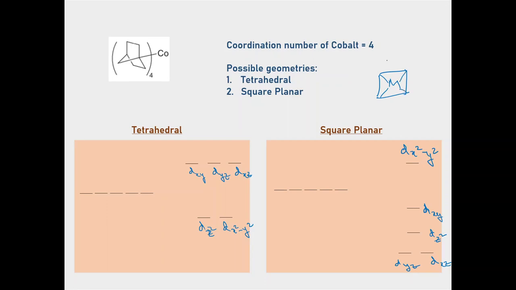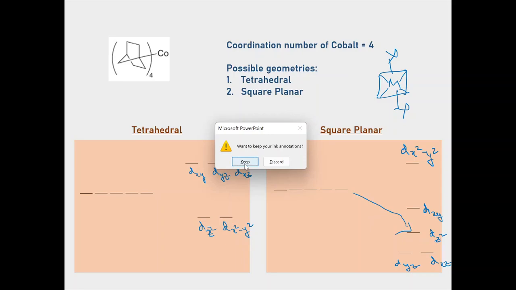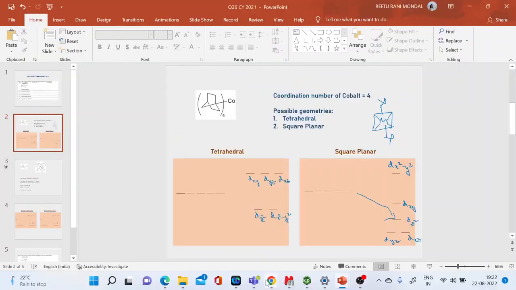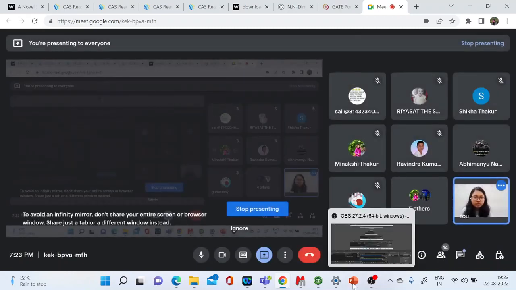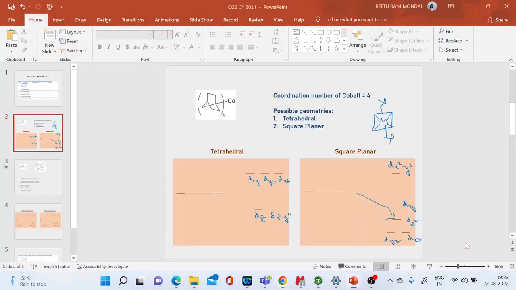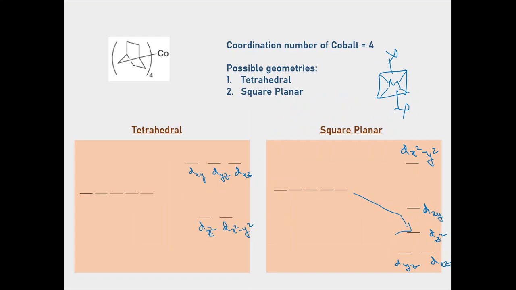Here, no ligand is present in this point. That's why dz squared is going that much down in energy. That's what happens in a square planar complex. So that's why this energy splitting in this case.